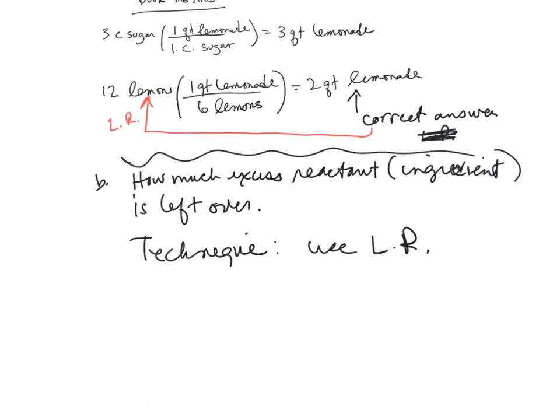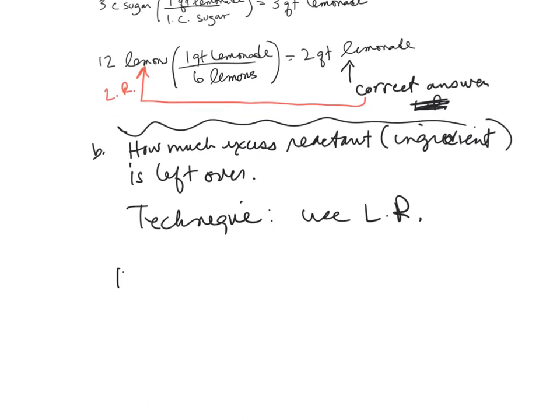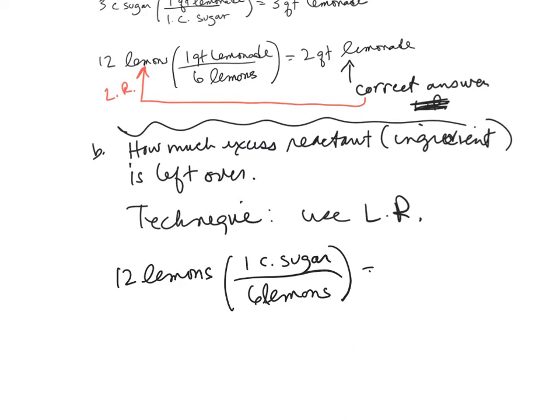So you're going to use your limiting reactant, 12 lemons, and you have to go back to your recipe, which is 1 cup of sugar is used up for every 6 lemons. So it's going to take 2 cups of sugar to make the 2 quarts of lemonade.